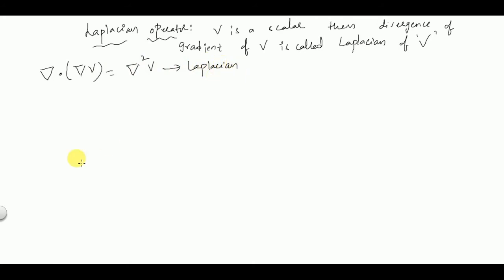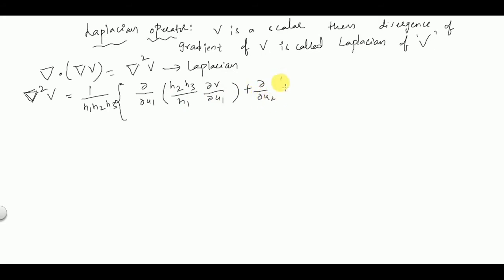So this is the representation of the Laplacian operator, and its generalized formula is given by del square V is equal to 1 by h1 h2 h3 of dou by dou u1 of h2 h3 by h1 into dou V by dou u1, plus dou by dou u2 of h1 h3 divided by h2 into dou V by dou u2, plus dou by dou u3 of h1 h2 by h3 dou V by dou u3.